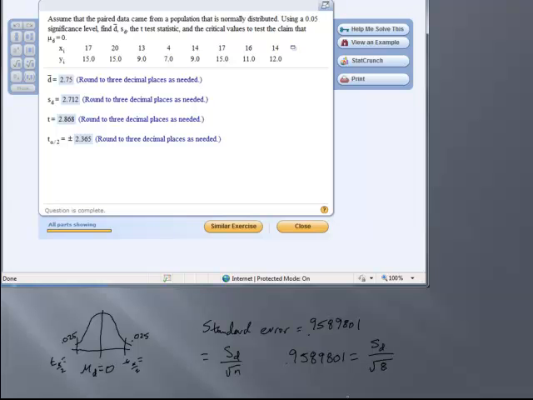We had 8 paired data values up there. So if I want to find S sub d, all I'd have to do is multiply both sides by the square root of 8. S sub d is equal to 2.712, as we have here.